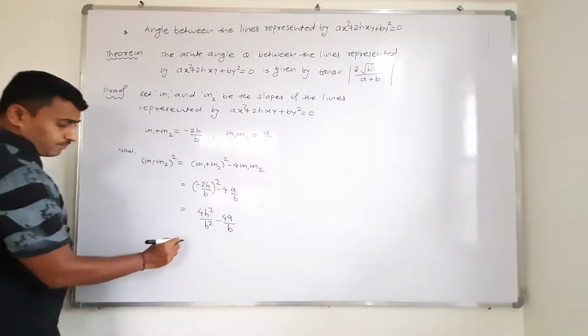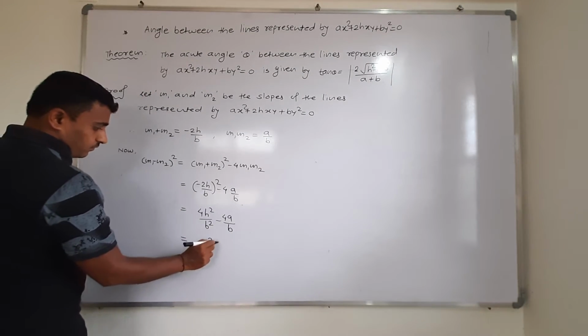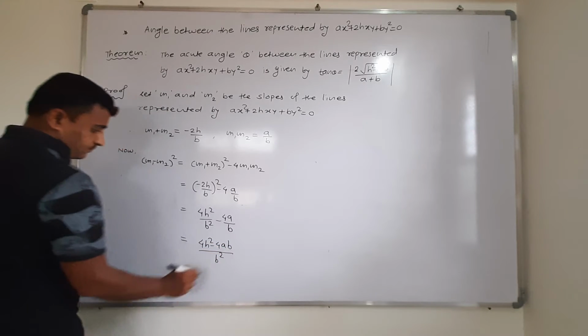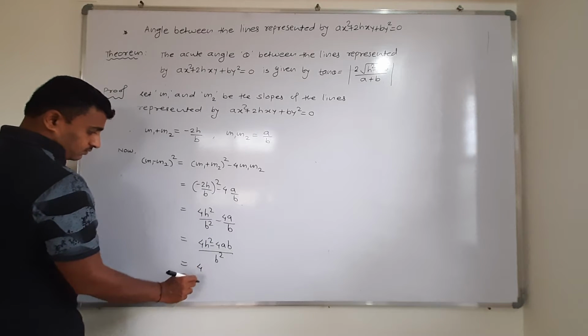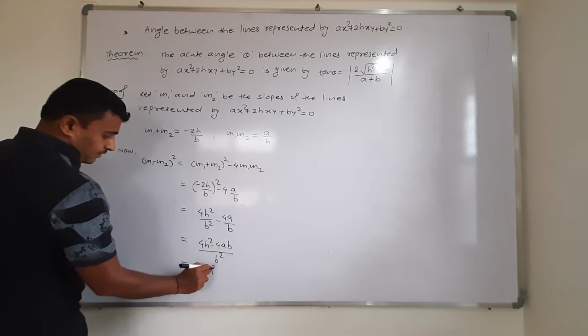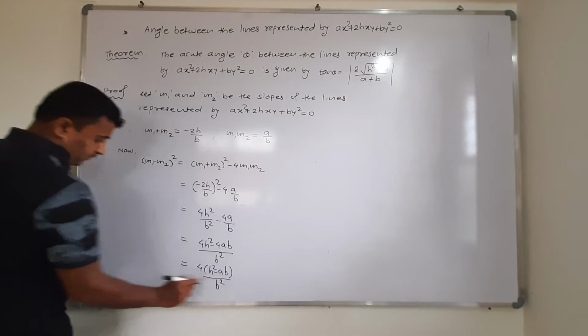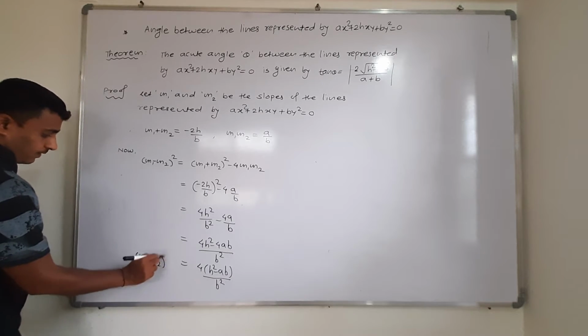Common denominator b square, therefore 4h square minus 4ab upon b square. Taking 4 out, 4 times h square minus ab upon b square. And this is what m1 minus m2 bracket square is.